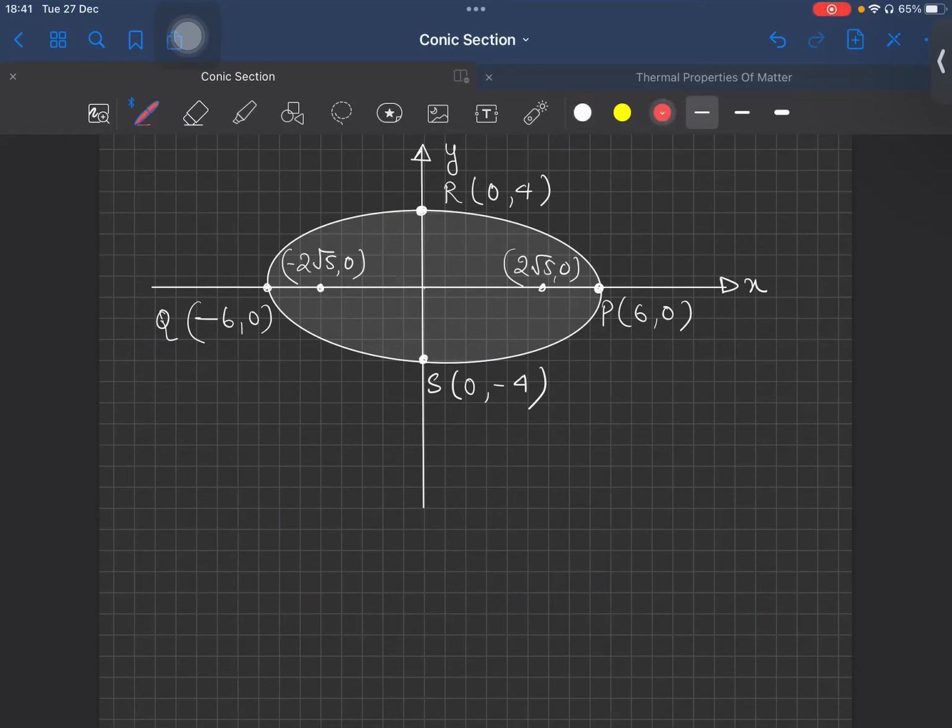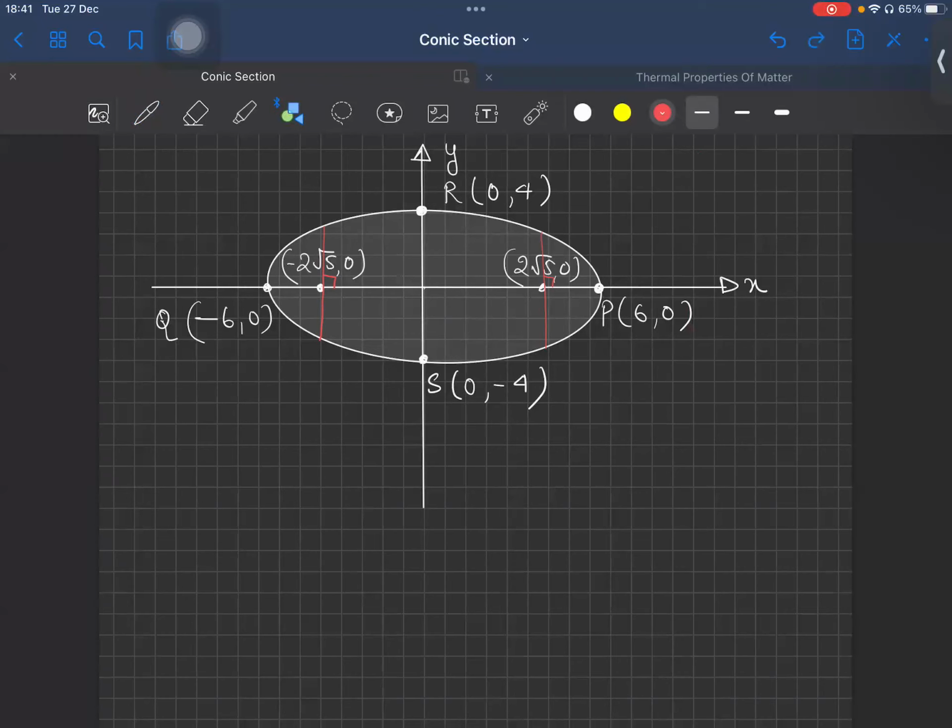Now latus rectum. A latus rectum is a focal chord, the chord that passes through a focus and is perpendicular to its axis. That means it makes 90 degrees. So if we have two focuses, we'll have two latus rectum and we have two directrix, isn't it? So this is the directrix.